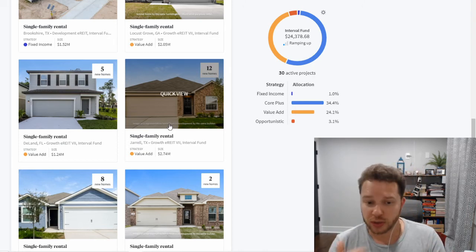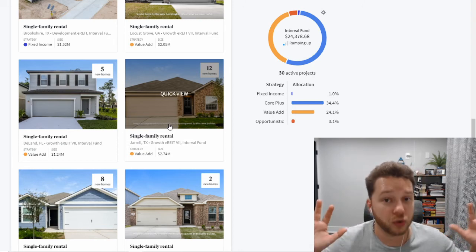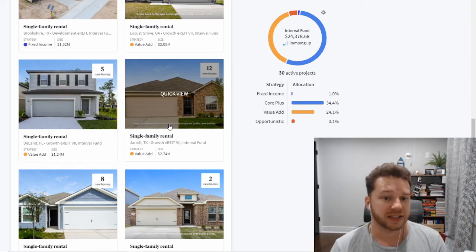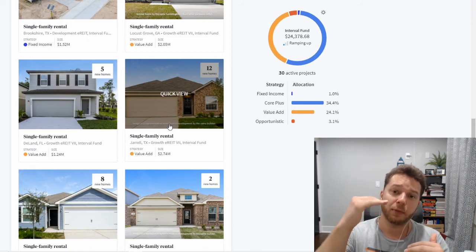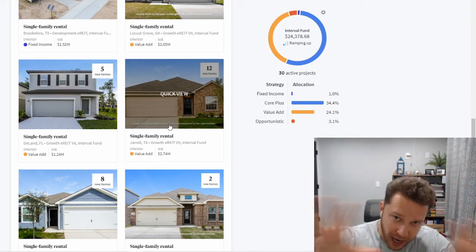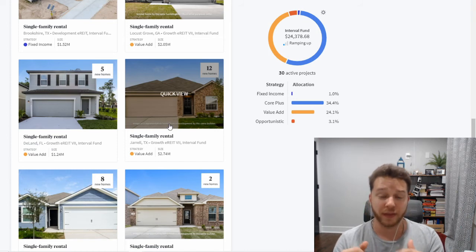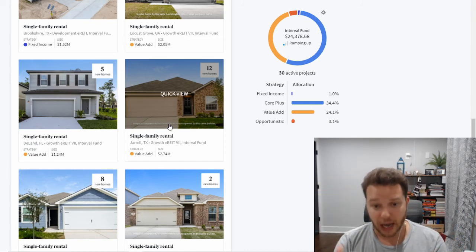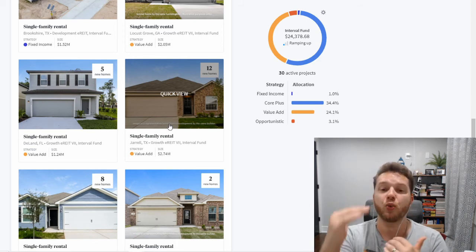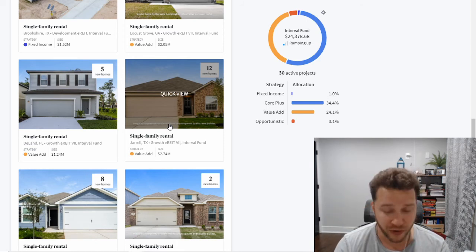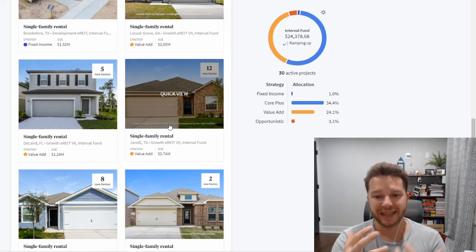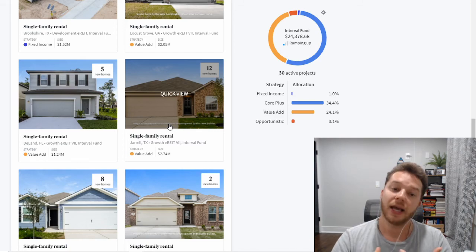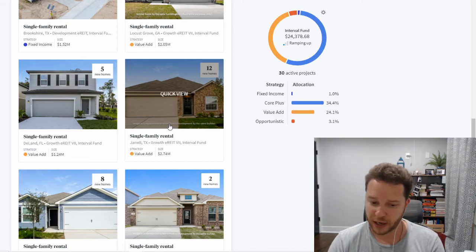So Fundrise says, hey, we cannot do much more with this property, we just have to sell at a loss. They would sell at a loss, and that would bring the price of the entire interval fund down. Therefore, the price per share of the entire fund will go down, and when the price goes down, appreciation will go down as well in our portfolio. So that's what I mean when I say that the returns from appreciation can fluctuate based on the economic environment.